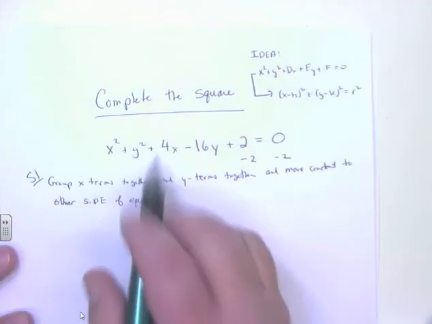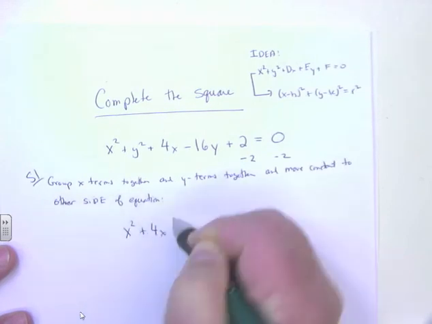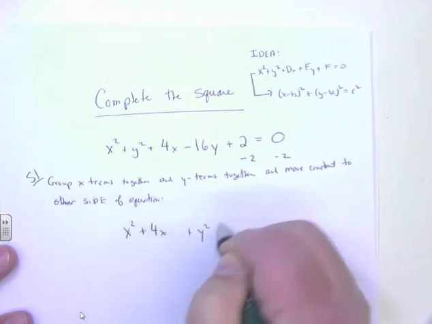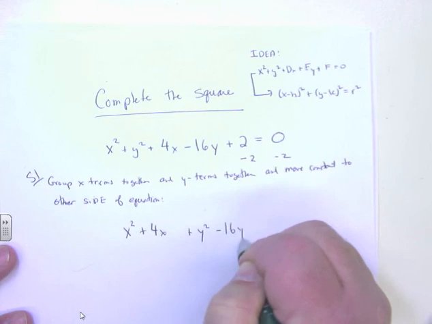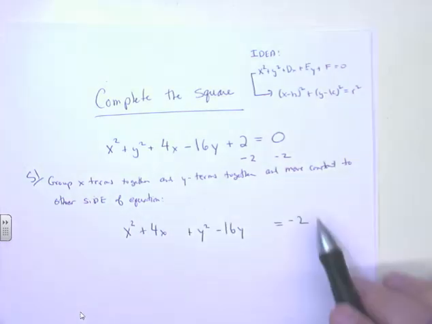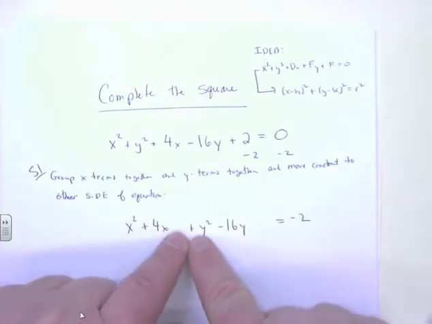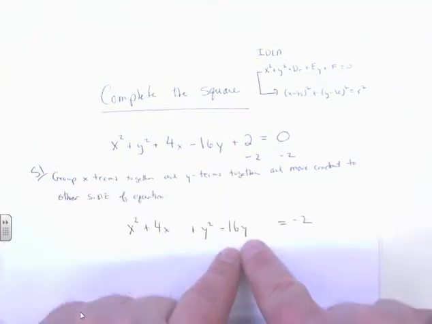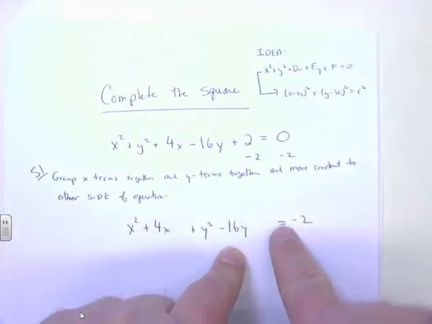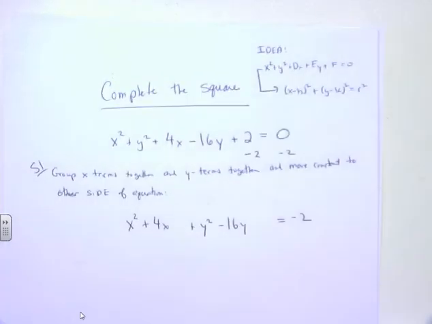And I'm going to redo them in order. So watch this. This will be x squared plus 4x plus y squared minus 16y equals negative 2. I have grouped together my x terms, plus I grouped together my y terms, and I put on the other side of my equal the constant. I followed my directions in step number 1. Does that make sense?